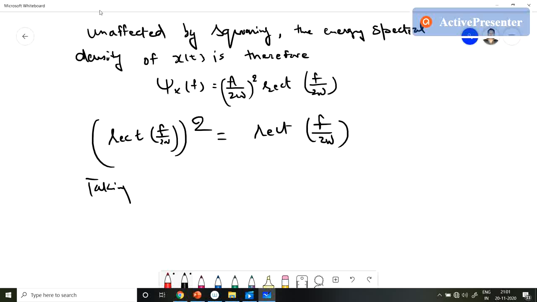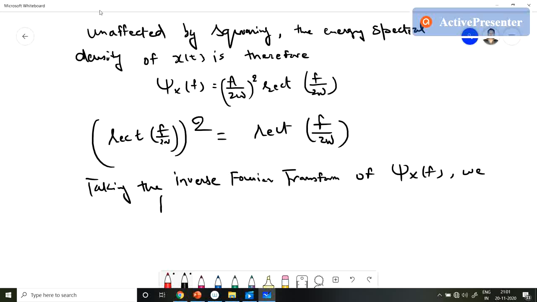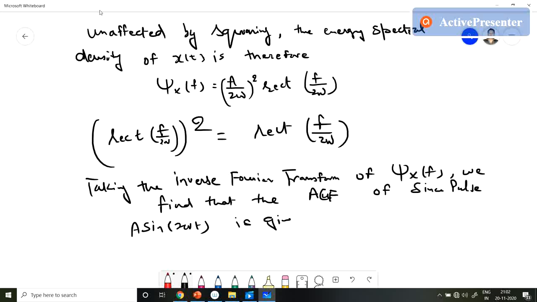So now taking the inverse Fourier transform of this psi x(f), we find that the autocorrelation function of the sinc pulse A sinc(2 omega t) is given by Rx(tau) equal to A square divided by 2 omega sinc(2 omega tau).